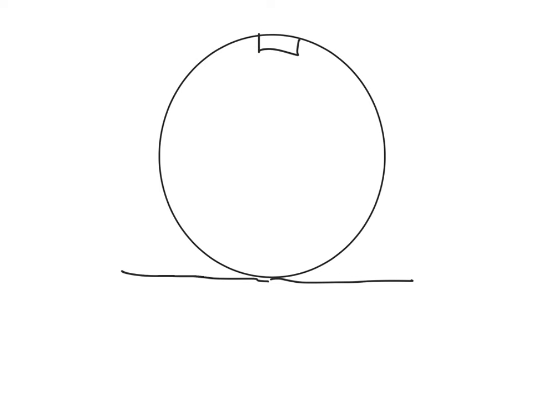So at the bottom, just like on the Ferris wheel problem, we've got the normal force pointing up. The bottom of our seat is pushing up on us, and we have the mg, the weight pointing downwards.